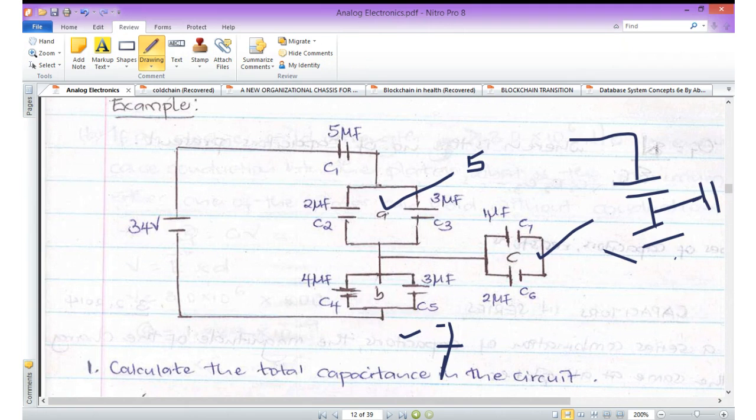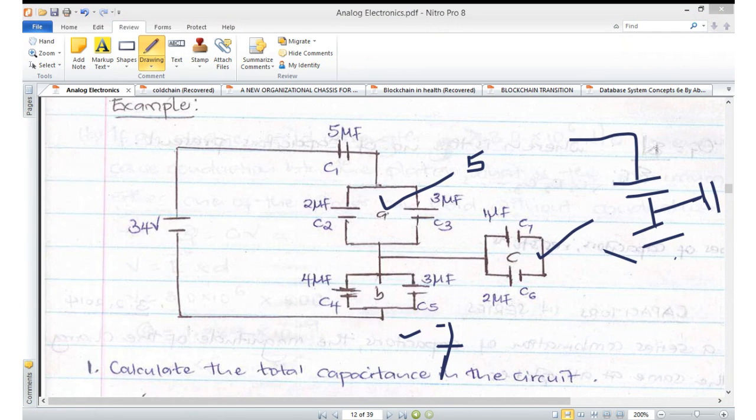In that scenario, still we cannot solve that circuit, and therefore it means we still need to reduce our circuit further.